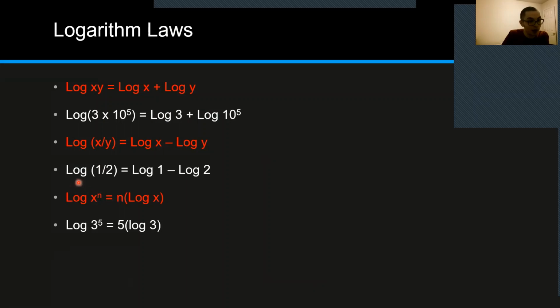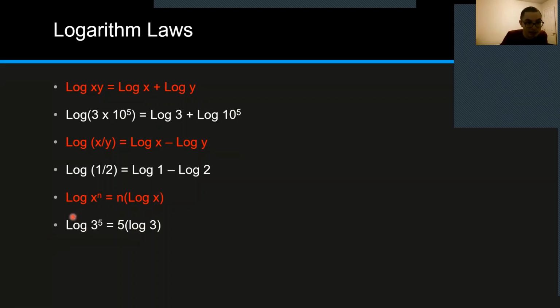So if we have log of 1/2, for example, we could do log of 1 minus log of 2. For this one in particular, if we memorize log of 1 is equal to 0, we know that this is just equivalent to negative log of 2. Or if we remember that 1 is equal to 10 to the 0, log of 10 to the 0 would be 0, right? But we're going to evaluate this one after we go through a little bit more with logs.